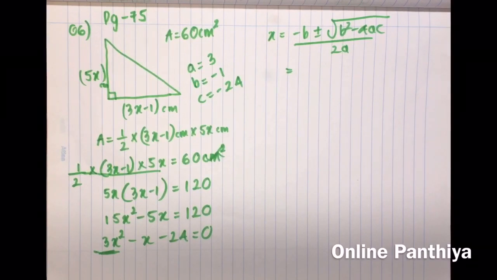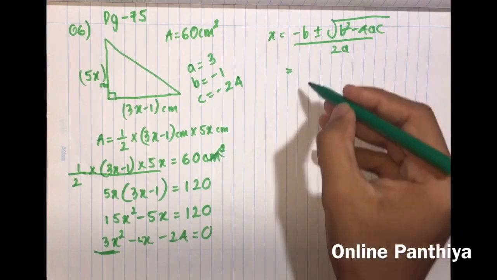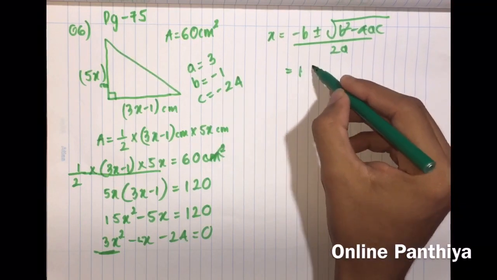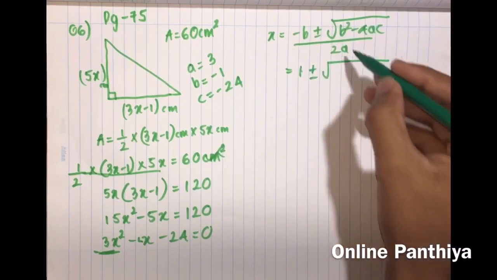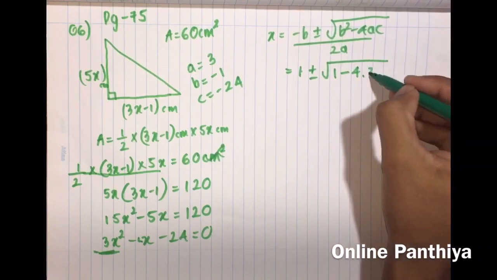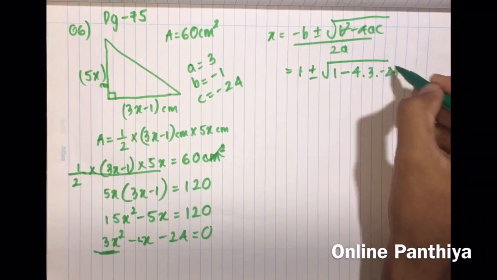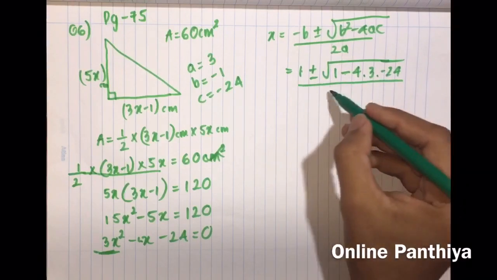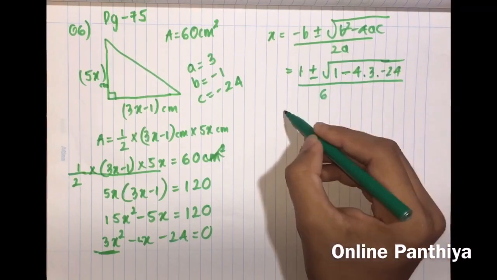b is equal to minus 1, so minus b is 1. Correct? Yes, right? Okay, now let us solve. Minus b is equal to 1 plus or minus the square root of b squared, that is going to give you 1 minus 4 into what is a? 3 into minus 24. So you have minus multiplied by minus, and also 2 into 3 is equal to 6.